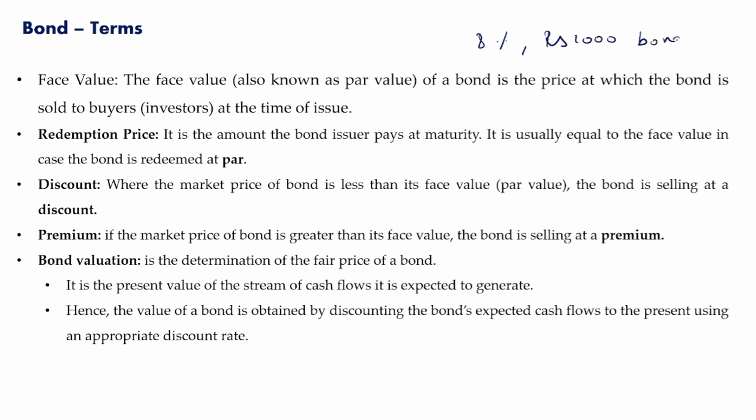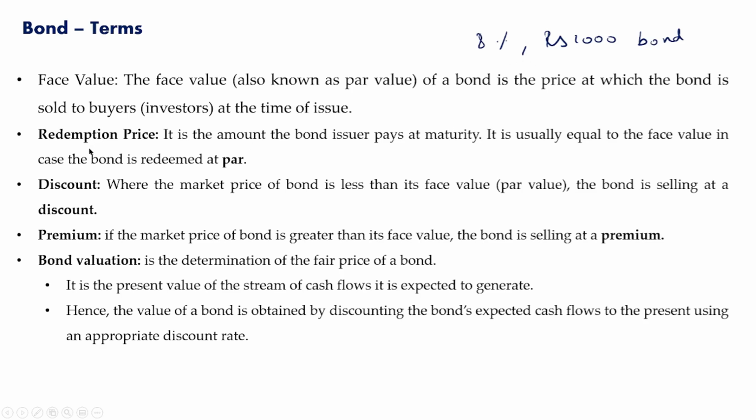Here the face value of the bond is rupees 1000 and the interest on the bond is 8%. It means if we purchase a 1000 rupees bond bearing 8% interest, we will get 80 rupees as interest on this bond.